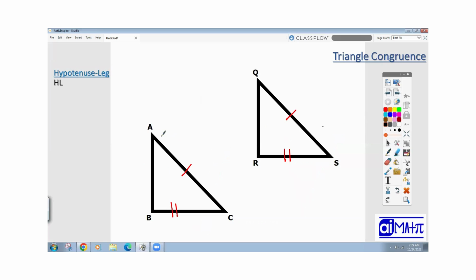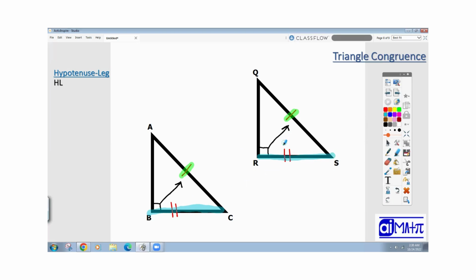The last way that you prove triangles congruent is specifically unique to right triangles. So when you have a right triangle, the hypotenuse is the side that's always opposite the right angle there. So if I have this marked identical to this, these things correspond to each other. And then they tell you at least one of the legs matches up with another leg.